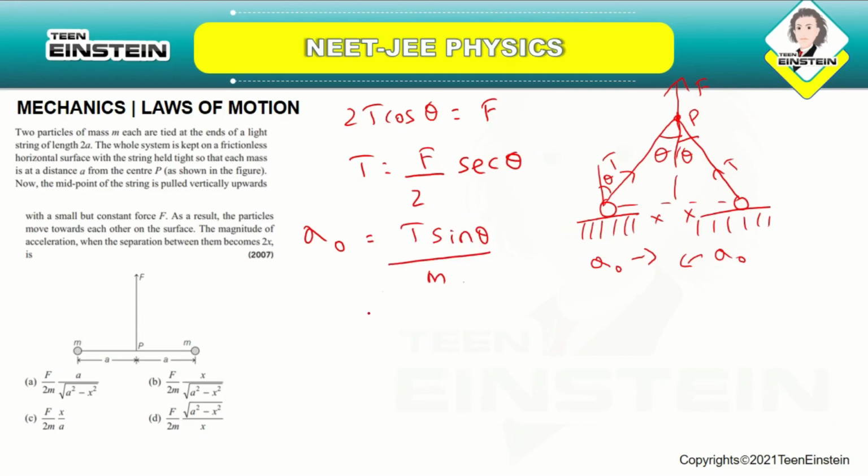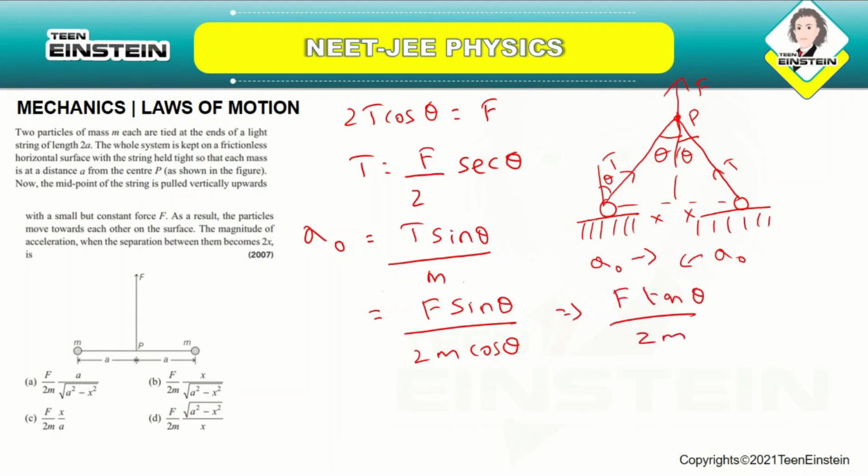T is equal to F by 2 cos theta, so it will be F sin theta by 2m cos theta, or you can write this as F tan theta by 2m.